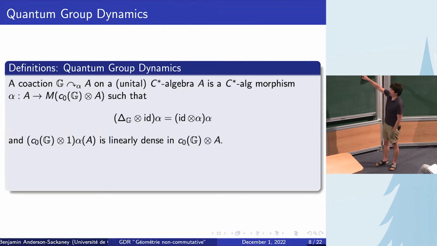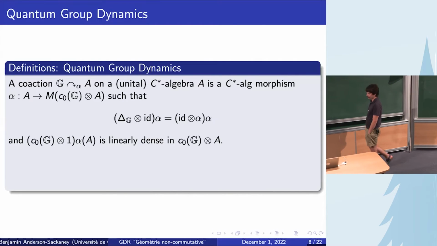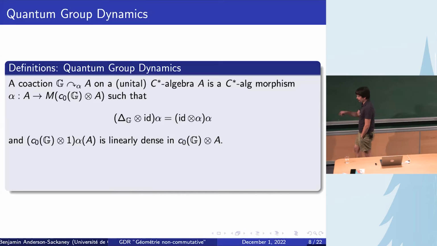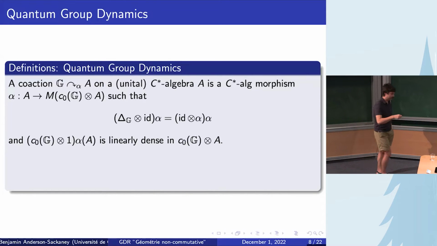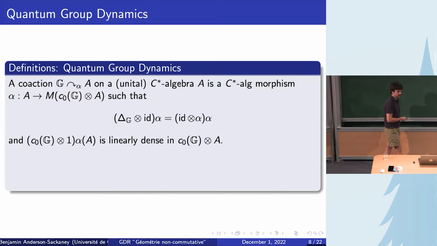And then it must also satisfy this density condition, which is sort of encoding the fact that in the classical case, you also have to ensure that the group is acting by star automorphisms.